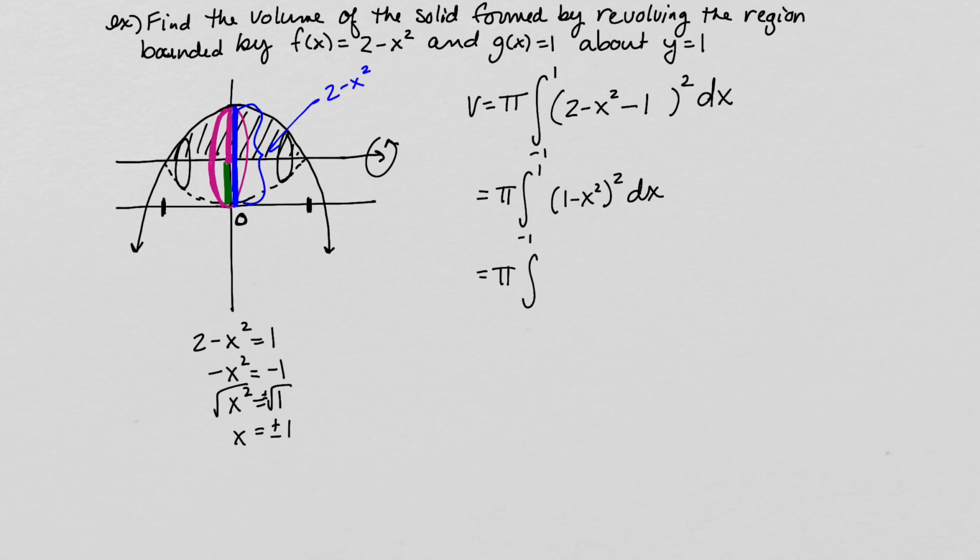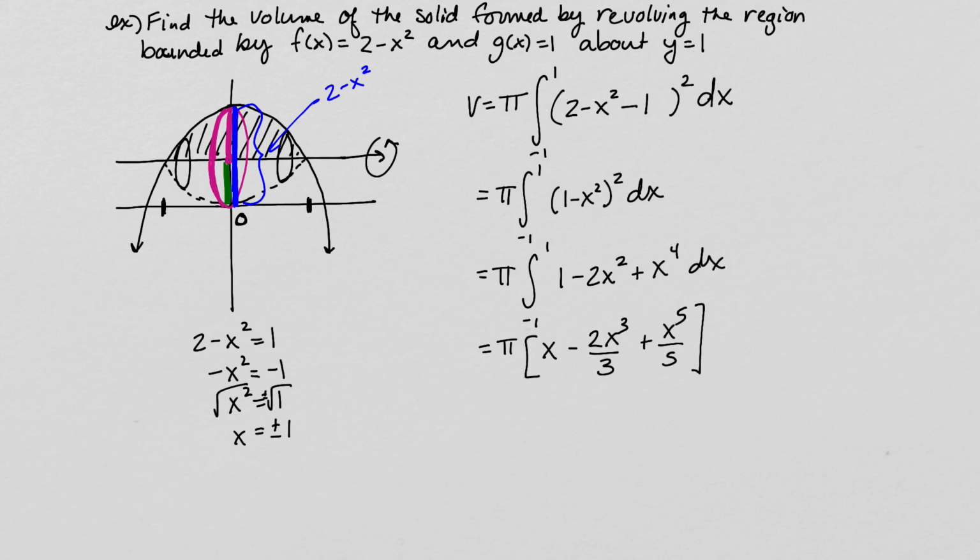So we're going to have pi times the integral from -1 to 1 of 1 minus 2x squared plus x to the 4th dx. So we've got pi times x minus 2x cubed over 3 plus x to the 5th over 5, evaluated between -1 and 1.